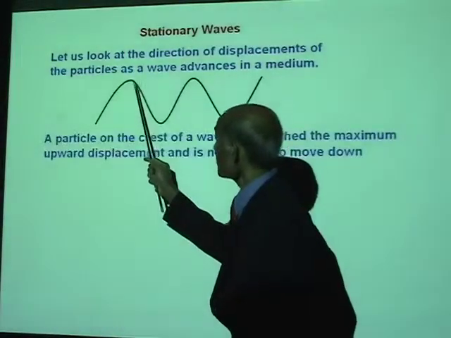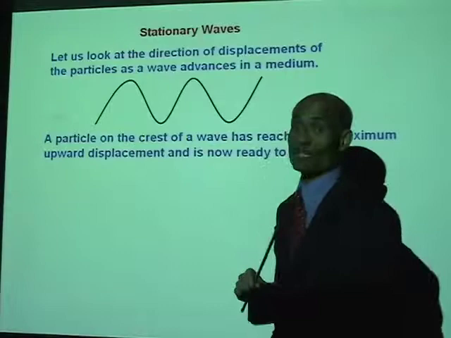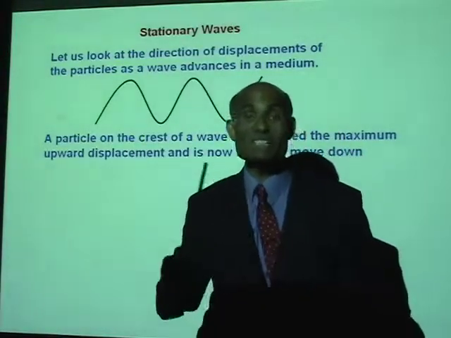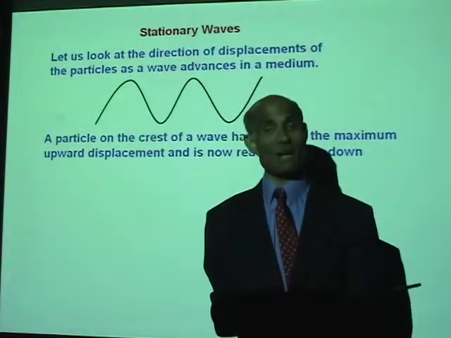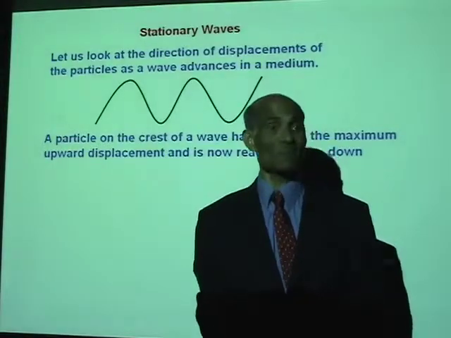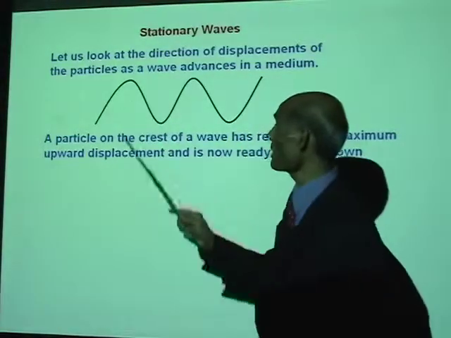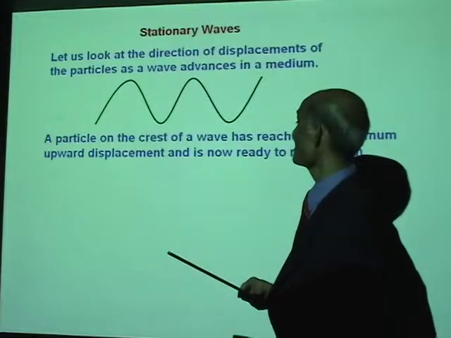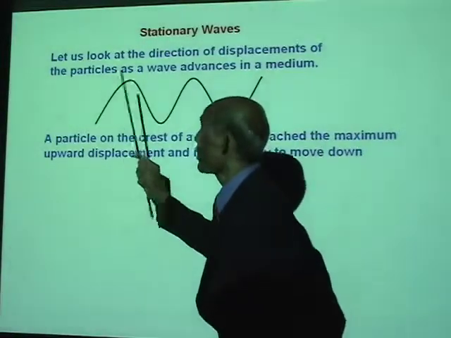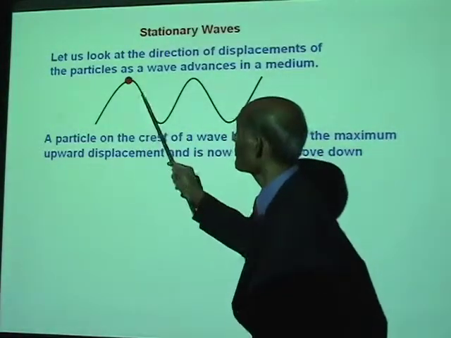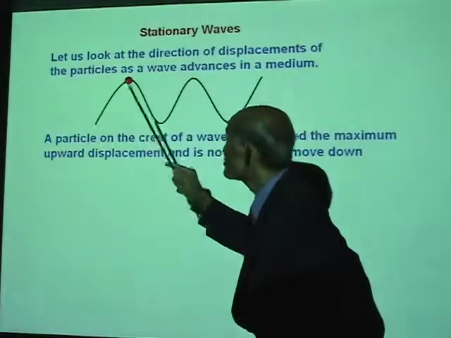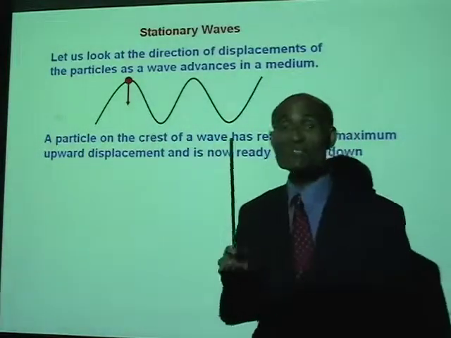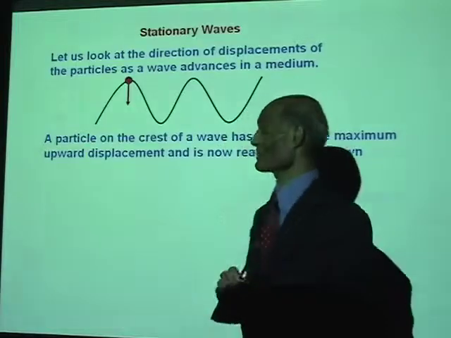Now, suppose a particle is on the crest. What is the state of vibration of that particle? Anybody tell me what is the state of vibration of a particle on the crest? It has gone all the way to the top and it is now ready to come down. That's right. That is the state of vibration of that particle.